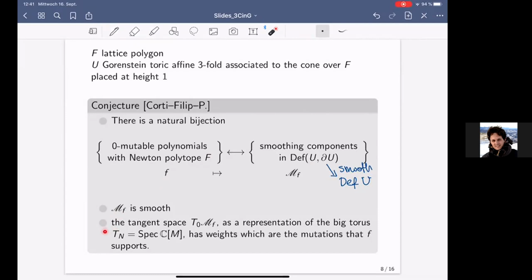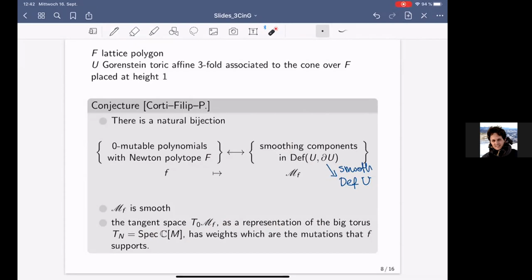And the third thing is probably one of the most important, and says the following. The tangent space of MF, the component at the origin, is a subspace of the tangent space of this germ. And it is a representation of the big torus acting on U, because everything here has a natural action of the torus. So in particular, it is a vector space with the torus action.